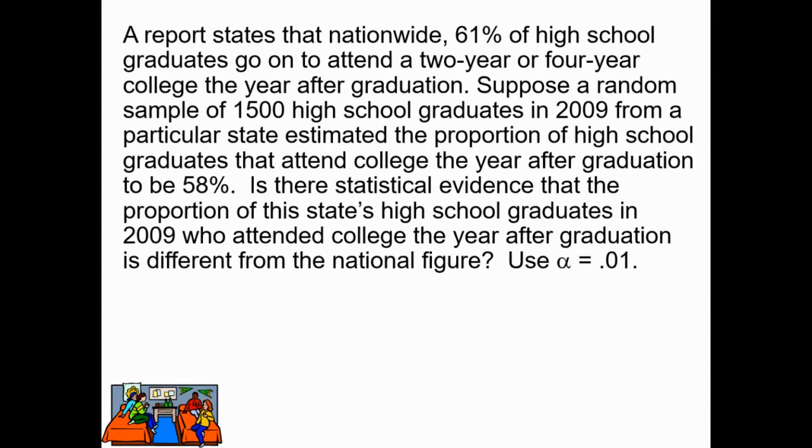Suppose a random sample of 1,500 high school graduates in 2009 from a particular state estimated the proportion of high school graduates that attend college the year after graduation to be 58%.